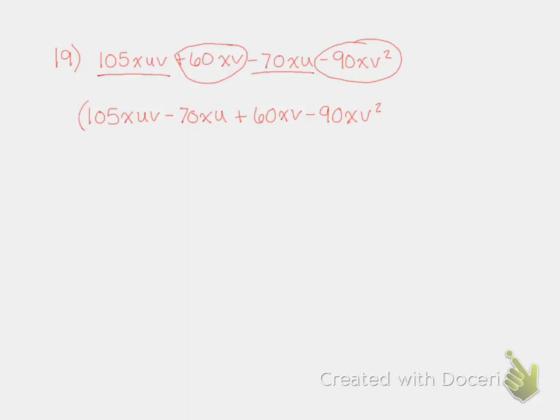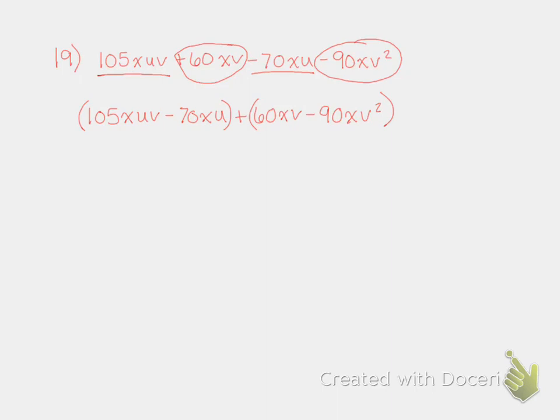Now let's group. If I look at the first one, yes, these are big numbers, but what is the greatest common factor between 105 and 70? So 5 goes into both of them, but think bigger than that. Okay?